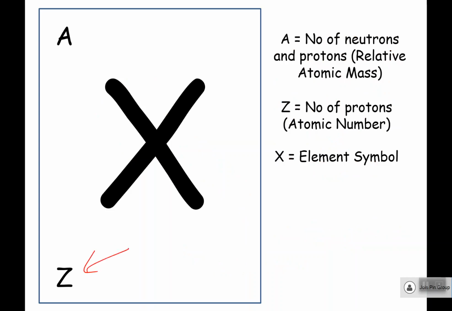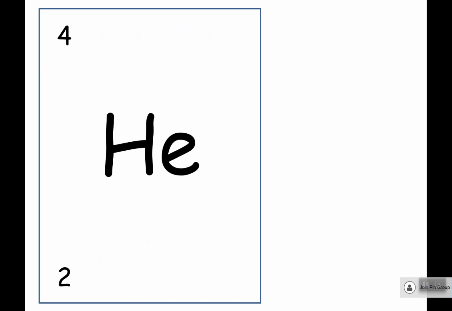This here is the atomic number, which is the number of protons. This at the top, that is your atomic mass. Remember, mass is the massive number. This here is the number of nucleons. And by that we mean the number of protons and the number of neutrons in a nucleus, the number of particles in a nucleus. So if you had something like helium, you've got 2 protons.